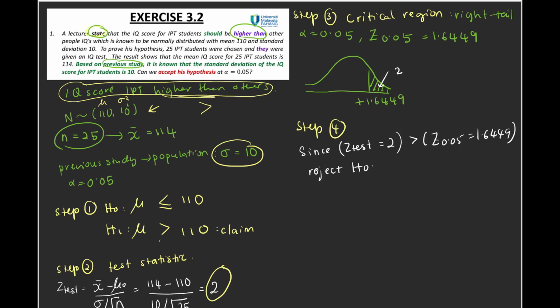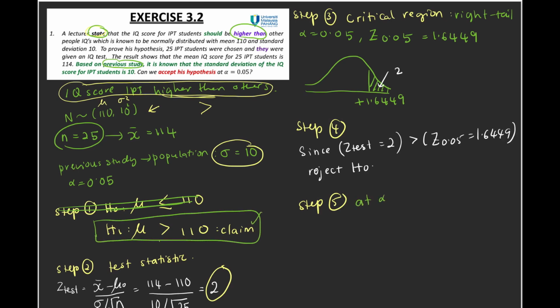So now the decision is reject H null. So what will happen to the conclusion? Look at our hypothesis back. We reject H null, we discard this H null, so we accept this one. Do we accept the claim? Yes, we accept the claim.